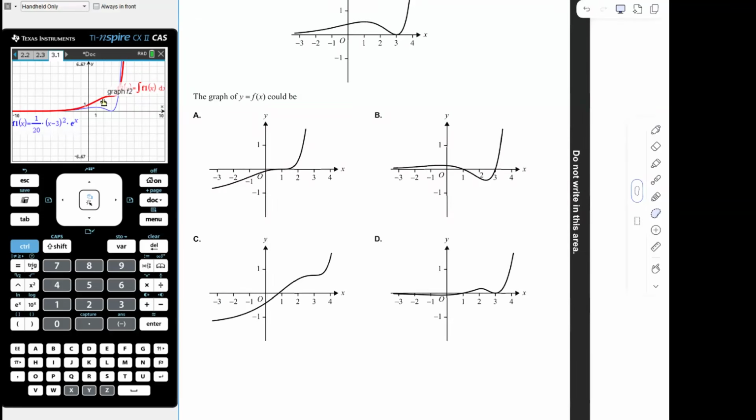So this curve can be either higher or lower, okay? For example, if you want it higher, you can get it like that. Or if you want it lower, you can subtract the number, okay? Or you can say we subtract by 2 or subtract by 1. So that will be a closer match to option C, okay?